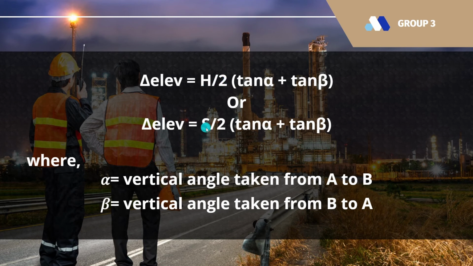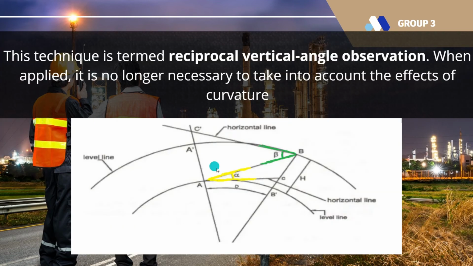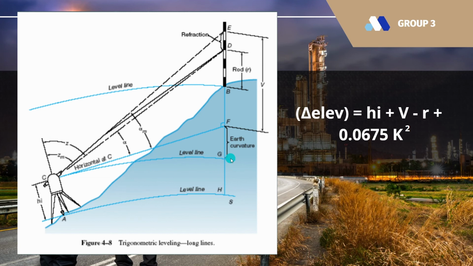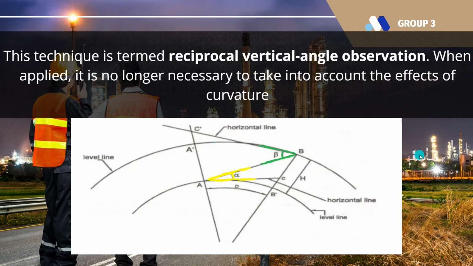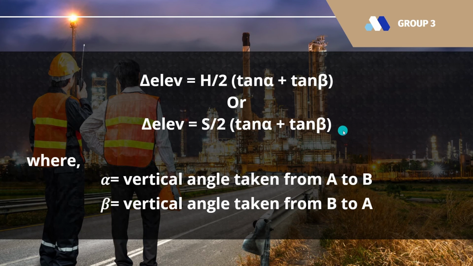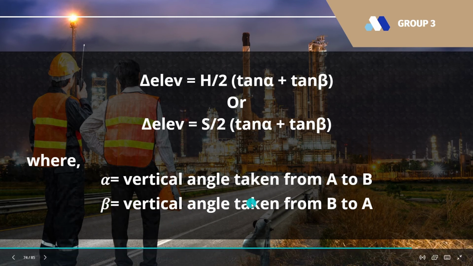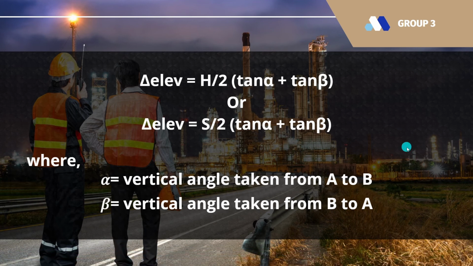H and S can be interchanged since, as we can see in the illustration here, H and S are quite the same. So in this formula, alpha is the vertical angle taken from A to B and beta is the vertical angle taken from B to A.